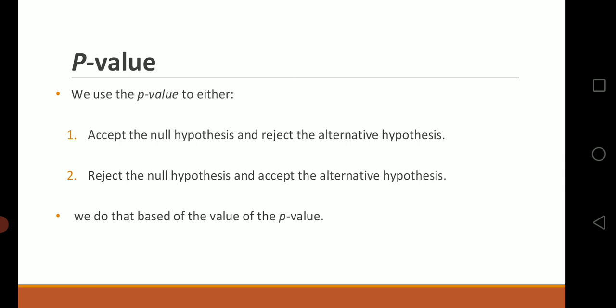Now we have these two hypotheses for each objective that has an association. In order to accept one of these hypotheses, we look at the p-value. The p-value is a value that is generated from the association tests, the inferential statistics.